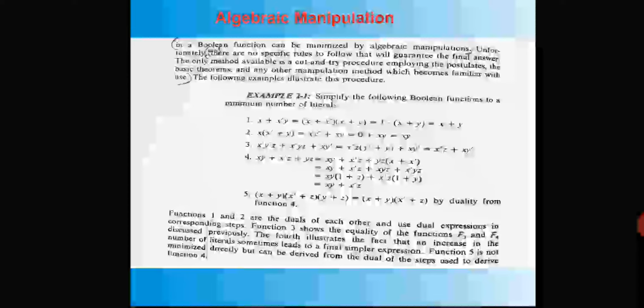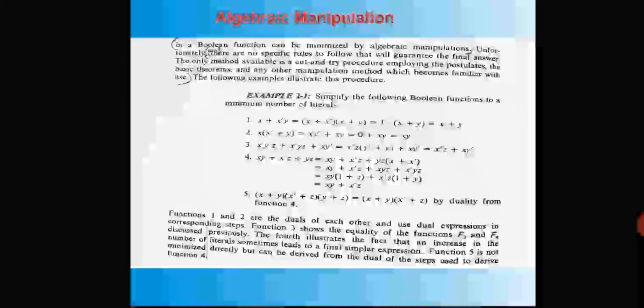Now after adding it, what you are going to do: xy plus x' z plus xyz plus x' yz, they just multiplied. After that, what they have done, they have taken xy outside and got 1 plus z. For the second part, they got x' z times 1 plus y. Now 1 plus z and 1 plus y became 1, and xy plus x' z remained.